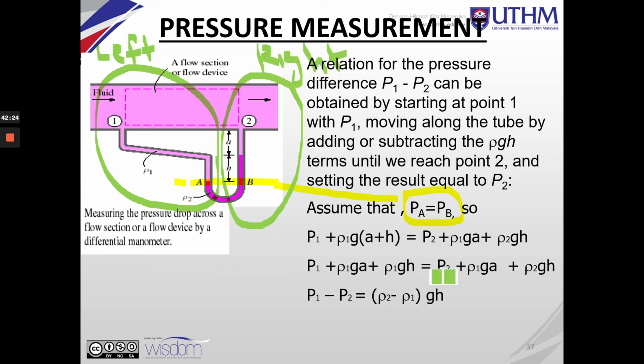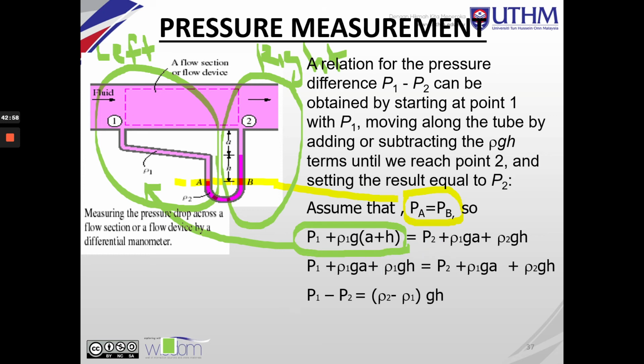For the left here, we have the pressure at 1 plus the density 1 times gravity times a, because this is the height of this fluid from this point to this point, which is a plus h. That's why you get this left side.